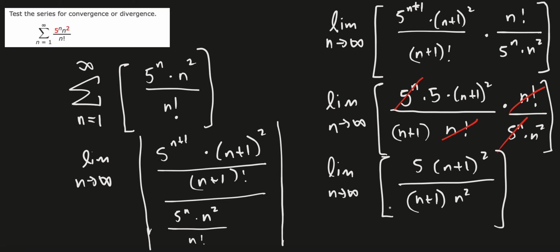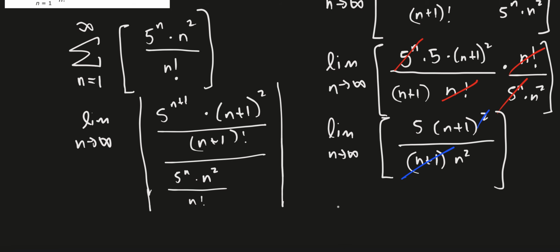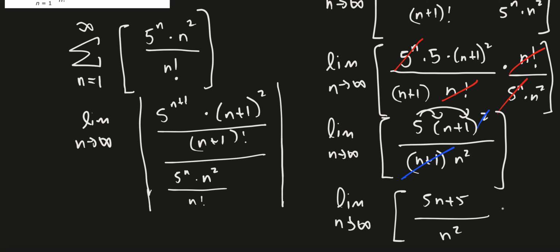All right, what's this going to get you to? Another cancellation occurs here. Just notice that. N plus 1 and this. That's gone. So this ends up getting limit as n approaches infinity of 5n plus 5. I just distributed this in. And then all over n squared.